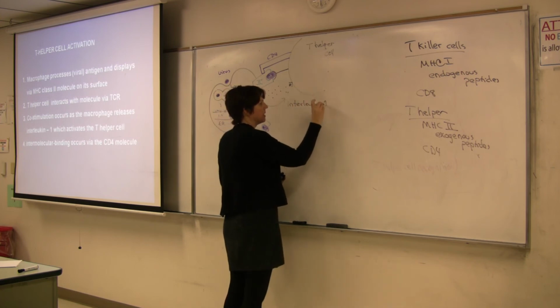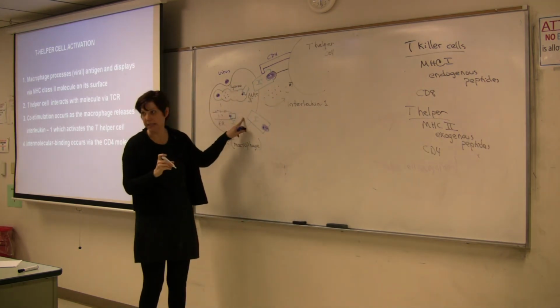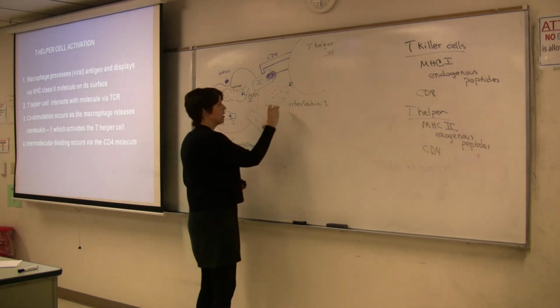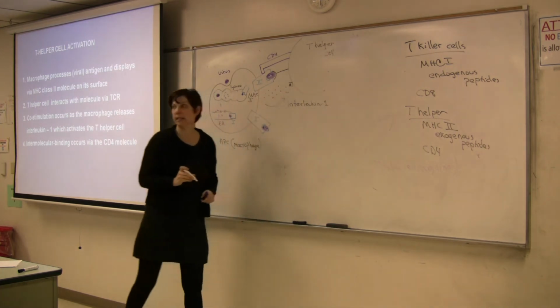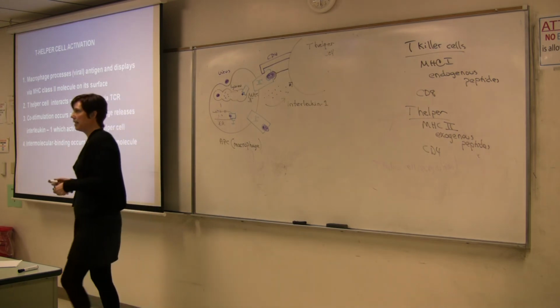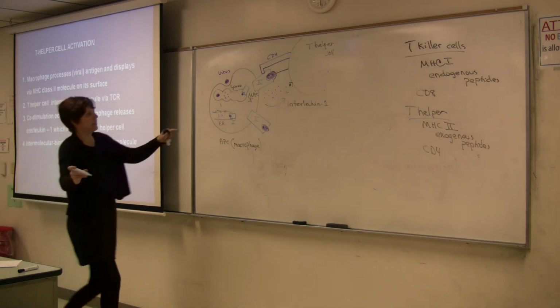It's made by the T helper cell too, but I want you to think of it primarily as made by the APCs, by B cells and dendritic cells and macrophages. So interleukin 1 is going to bind to the T helper cell and cause it to be active, to turn on its protein assembly machinery. All right, that's part of our picture.